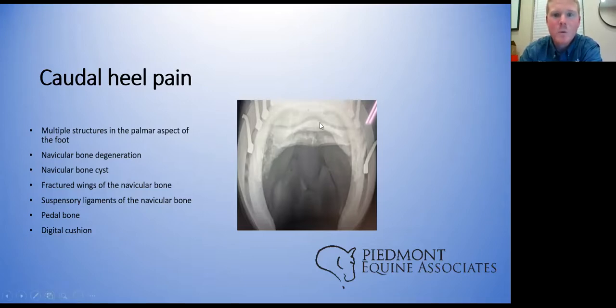And I think we have to think about that in terms of the balancing of the foot: dorsal, or front to back balance, and also side to side, or lateral to medial balance. When you have a well-balanced foot and the horse is still lame, then you think about things like this. When you have caudal heel pain, this is where I think shoeing changes or corrective shoeing can dramatically improve the horse's comfort.